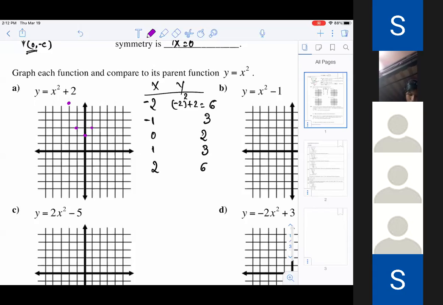Then it's here, and it's here, and then a nice curve. That's our graph. Okay. Do you see that the vertex is moved up 2 units? Yes. That's because of this +2 right there.